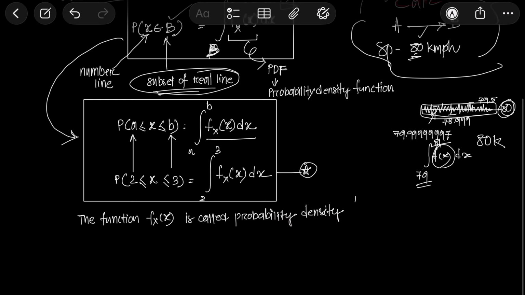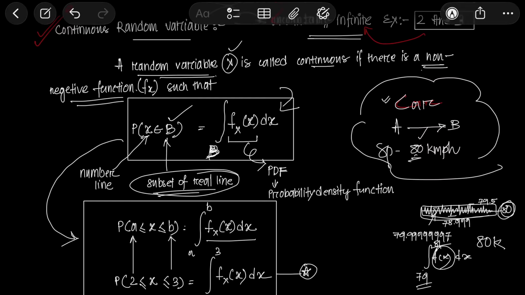And you must remember the definition: the random variable x is said to be continuous if and only if there is a non-negative function f of x. You will wonder what a non-negative function is. You can tell from the name itself: non-negative means it must be zero or greater than zero.